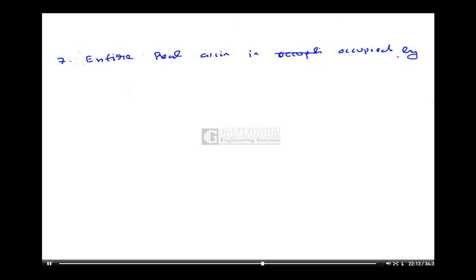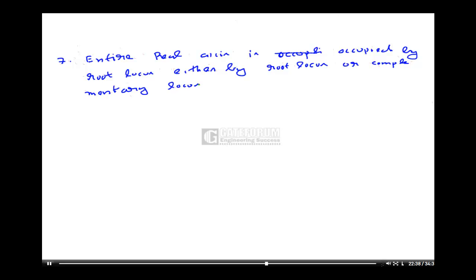If I say root locus, I mean either the root locus or the complementary root locus. Complementary root locus means for k values lying between 0 and minus infinity.